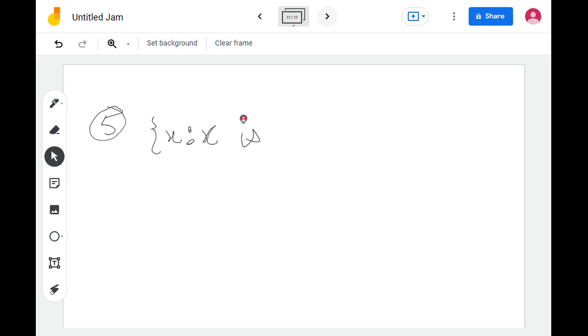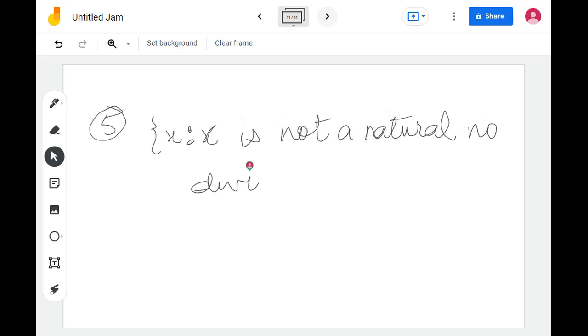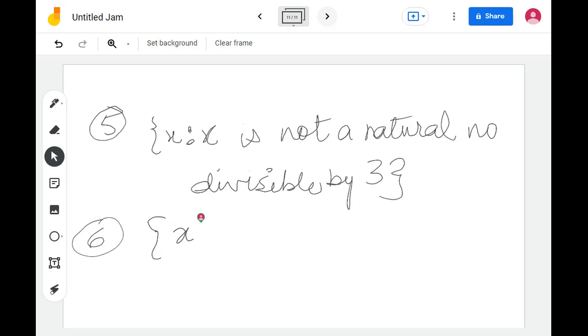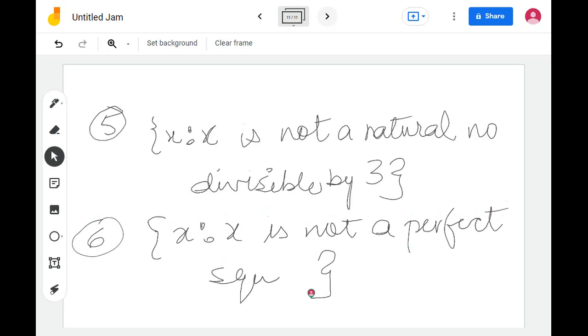So the complement is x such that x is not a natural number divisible by 3. Okay, now the sixth part is x such that x is a perfect square. So we will write x such that x is not a perfect square. Okay, the sixth part is done.